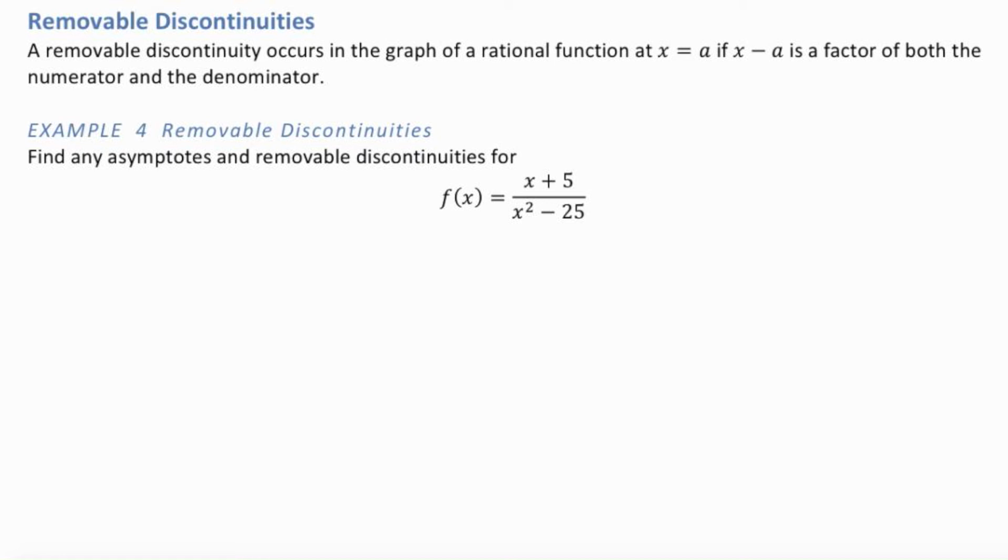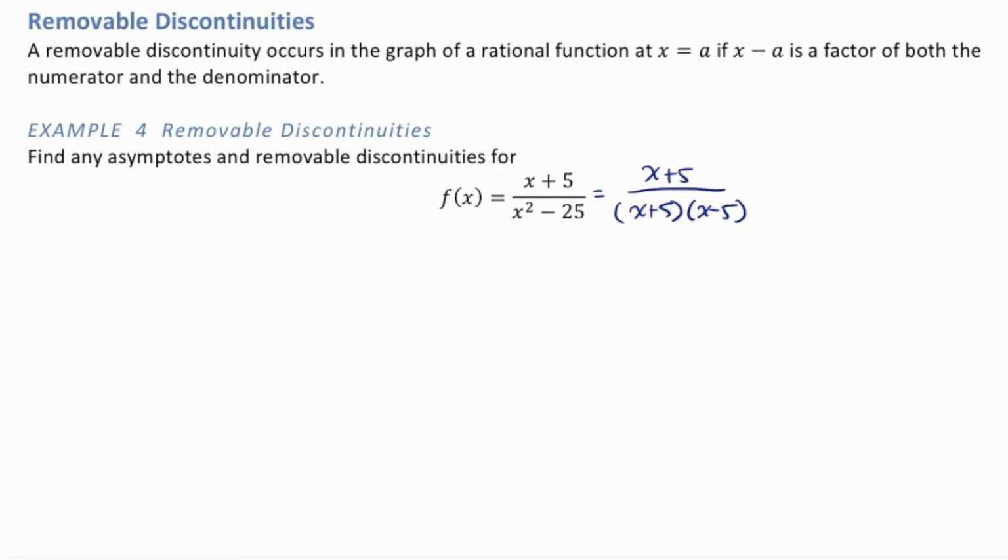Find any asymptotes and removable discontinuities for f of x equals x plus 5 divided by x squared minus 25. This can be rewritten as x plus 5, x minus 5 in the denominator. You should be familiar with the difference of squares by now, which we have here in our denominator.